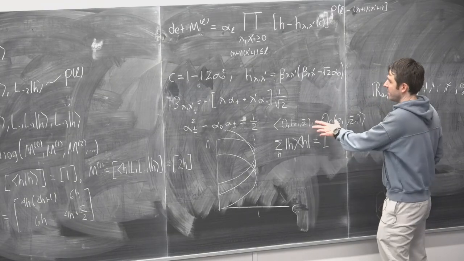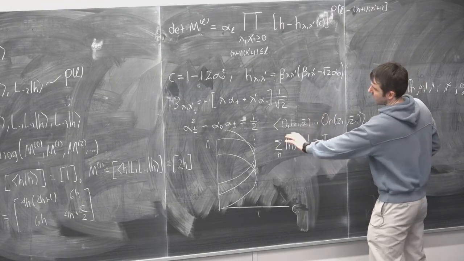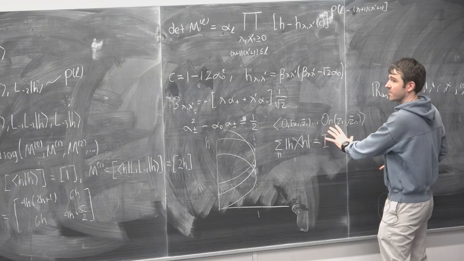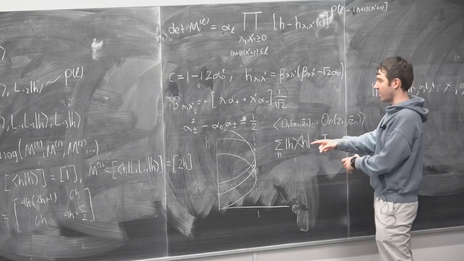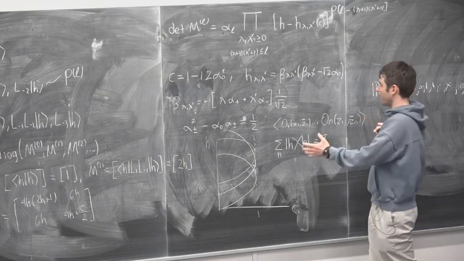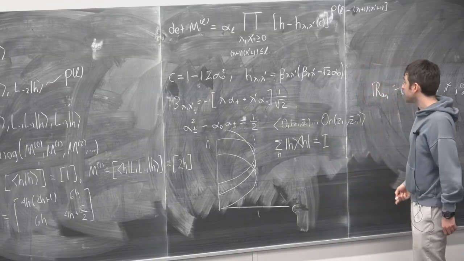So you can put some operators on the left of this thing and some operators on the right of this thing, and you have to get the same answer no matter where you put it. And that gives a set of constraints called the bootstrap constraints.